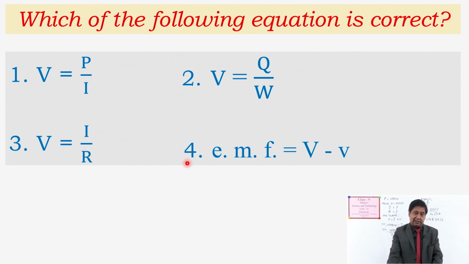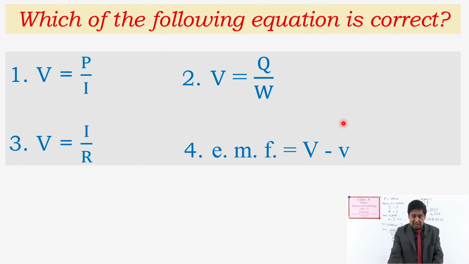EMF equal to capital V minus small v. Capital V represents total potential difference and small v represents the potential difference inside the cell. We can say this is external potential difference, this is internal potential difference. PD between the positive and negative terminal of a cell or battery is called external potential difference, but when the current flows inside the cell from negative terminal to positive terminal from the inner side, then a certain amount of work is done inside the cell also, that is taken as internal potential difference.